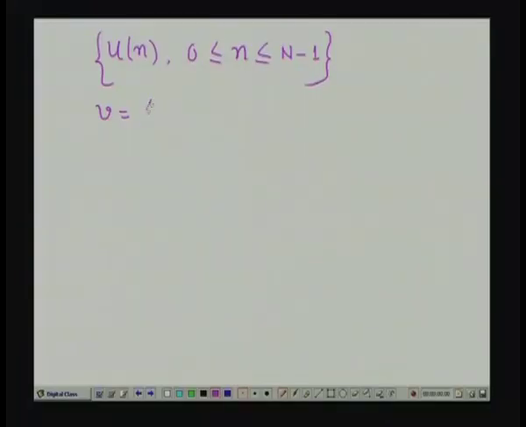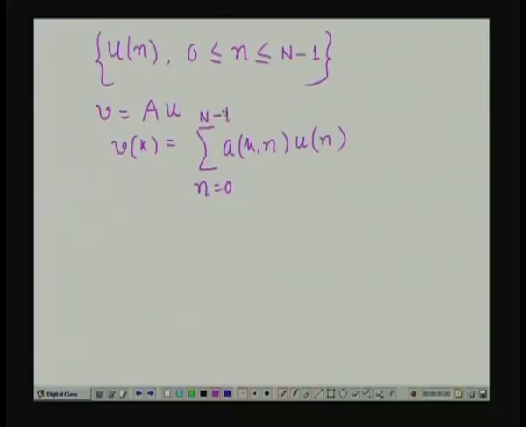So, the unitary transformation of this one dimensional discrete sequence is given by, say, V is equal to A times U, where A is a unitary matrix, and this can be expanded in the form V k is equal to summation A k n U n, where n varies from 0 to capital N minus 1, assuming that we have capital N number of samples in the input discrete sequence.